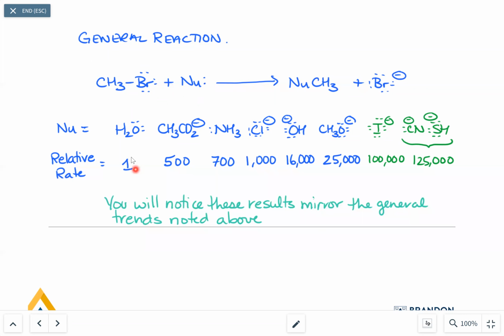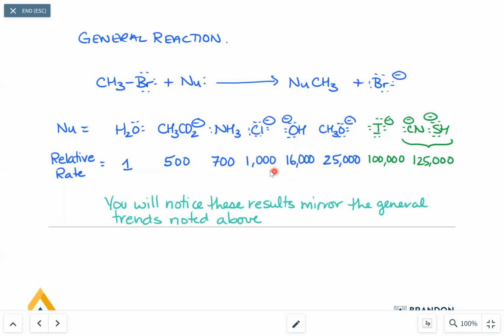And so we see here that water is the slowest, followed by carboxylate anion, and then nitrogen, chlorine, oxygen, another oxygen here. But notice that these ones, sulfur and iodine, are super nucleophiles, much, much stronger than these other ones along the first row.